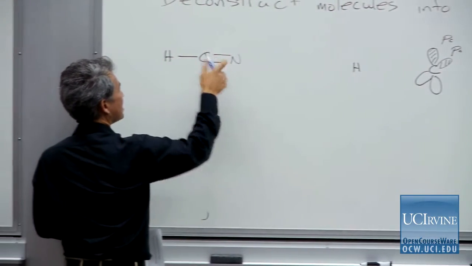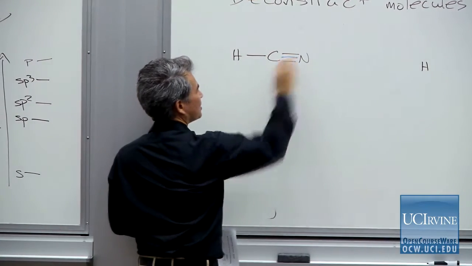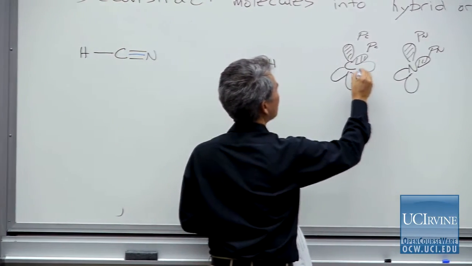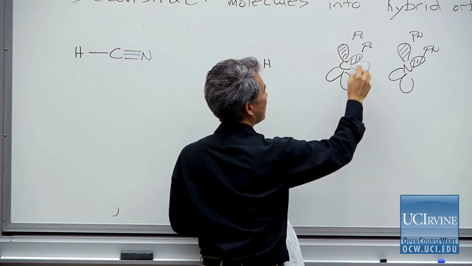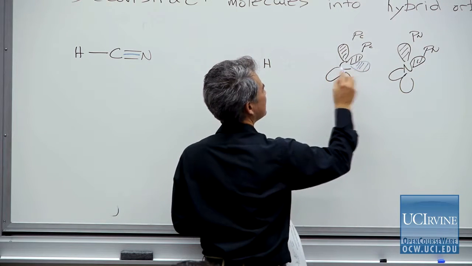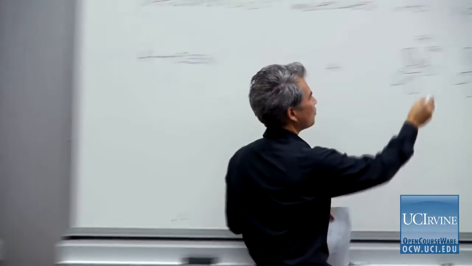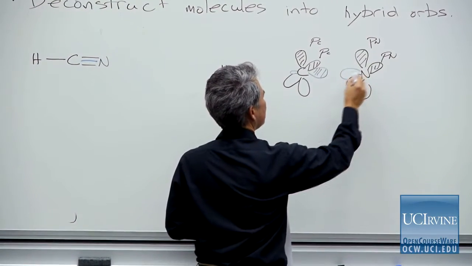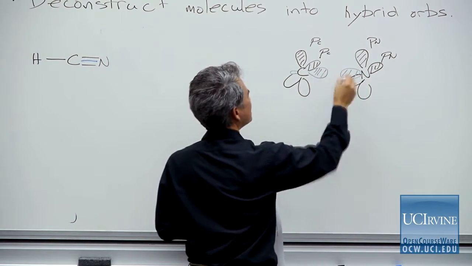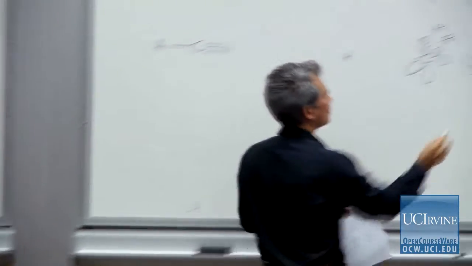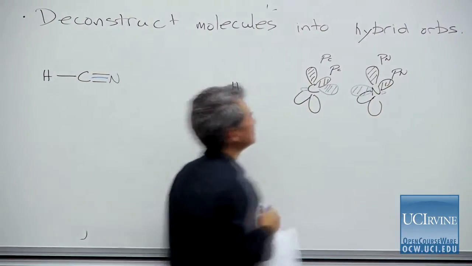And I'll change this line here to blue just so I can more easily see it. And I'll remember that there's an sp2 orbital sticking out this side. And I'll hybridize it in this way. And there's a tiny lobe on the back end. And then for the nitrogen atom, there's another sp2 orbital that's sticking out. And these two are combining together to make that carbon-nitrogen sigma bond. And there's a little orbital on the back end sticking out.